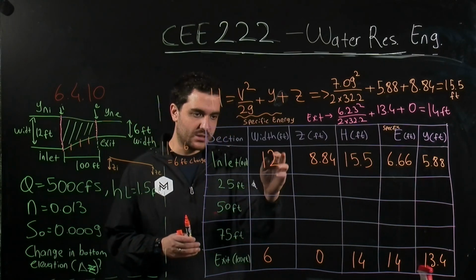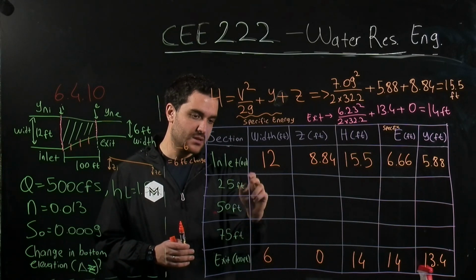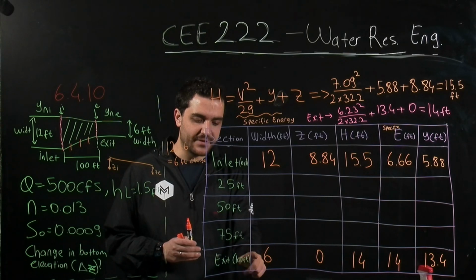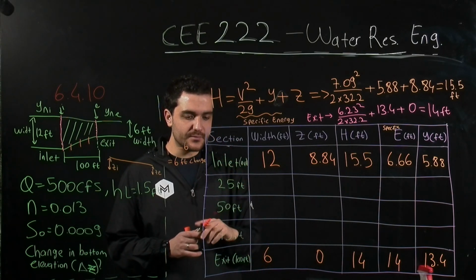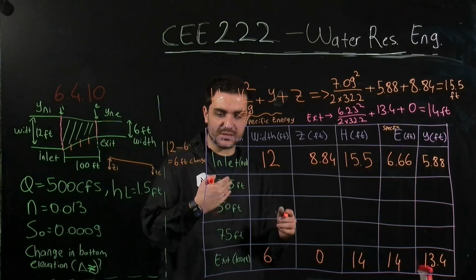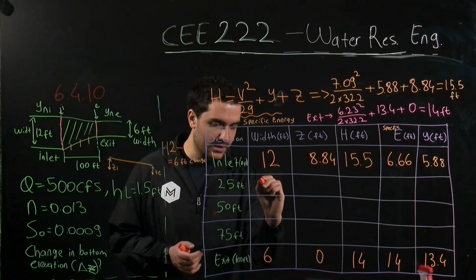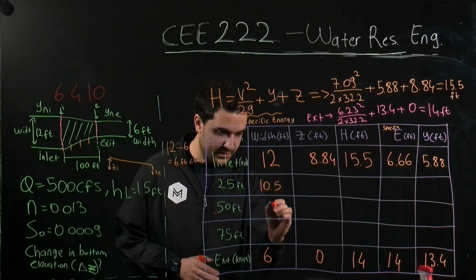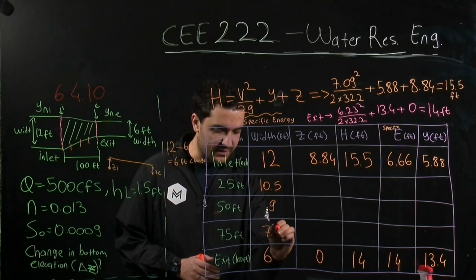So from here to here, let's say we have 1.5, 1.5, 1.5, and 1.5 change. This means it is going linearly, and we will have 10.5, 9, and 7.5.